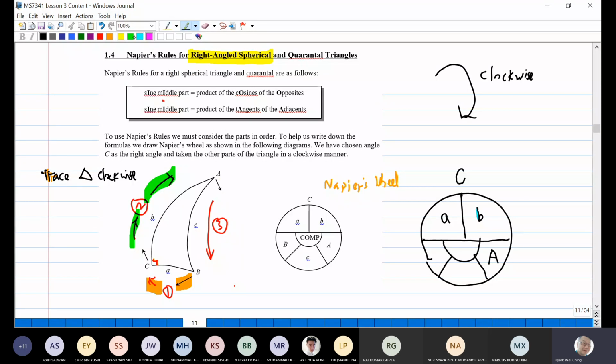Right, angle A. Then from angle A, you move to the side C here.